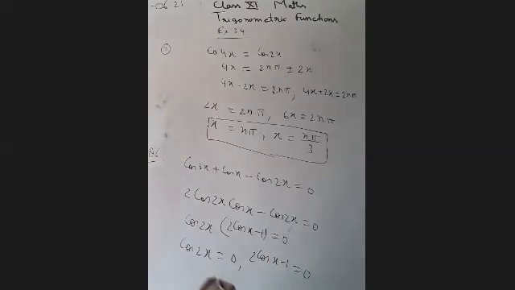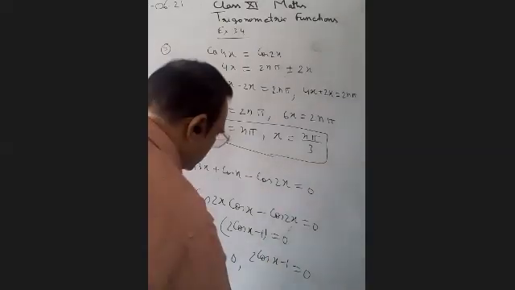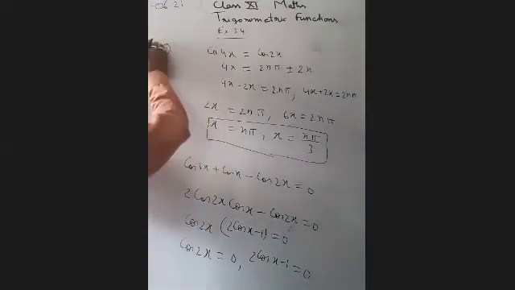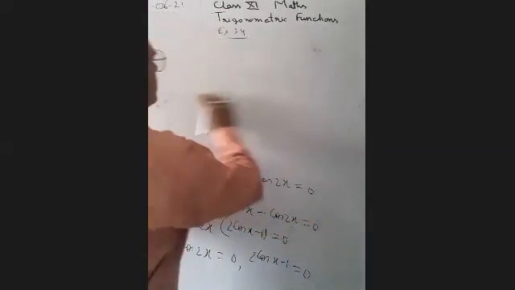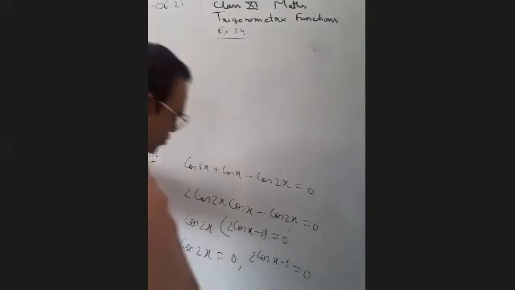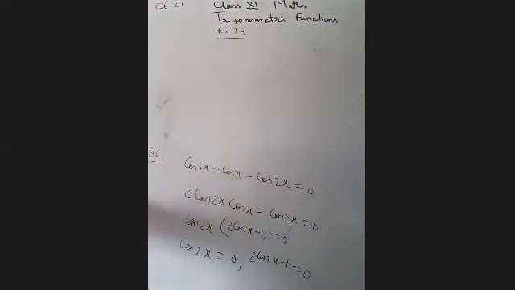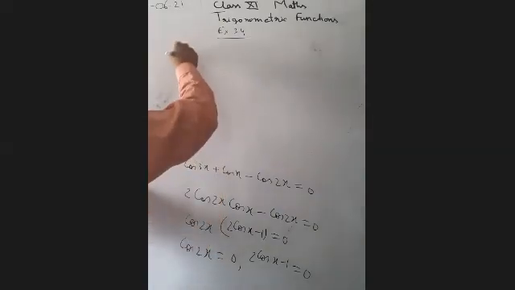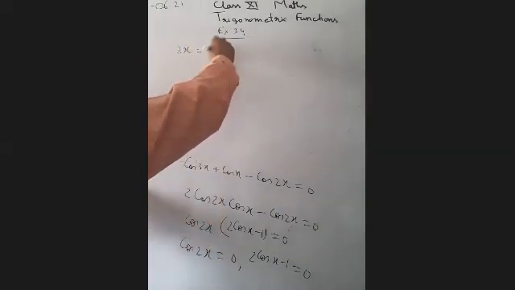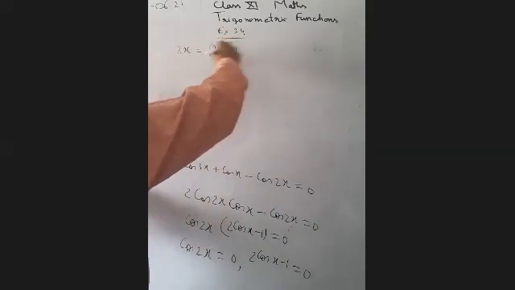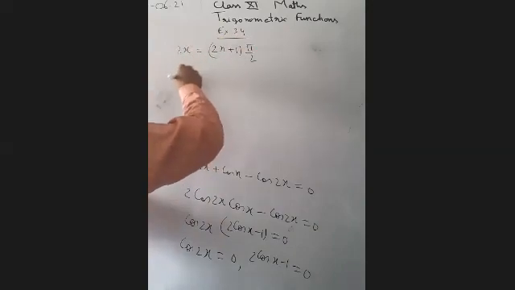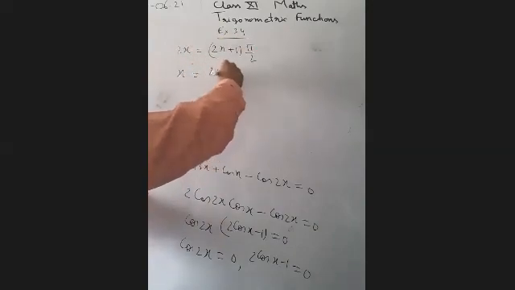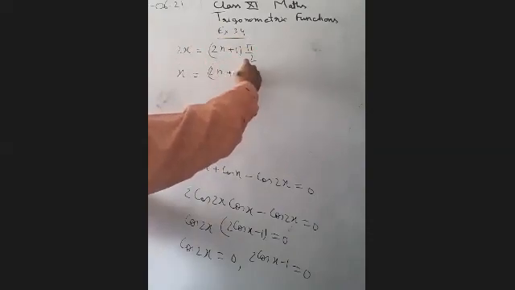Look, cos 2x is equal to 0, so x is equal to an odd multiple of pi by 2, that is, 2x is equal to (2n plus 1) into pi by 2. So you can divide by 2, you will get (2n plus 1) into pi by 4.